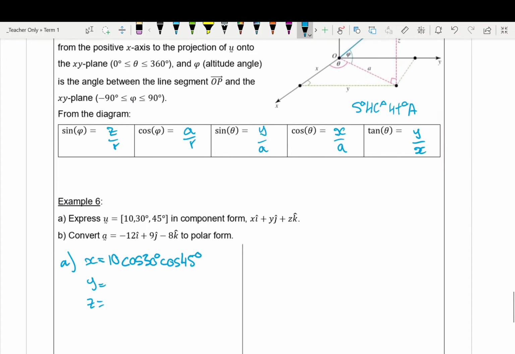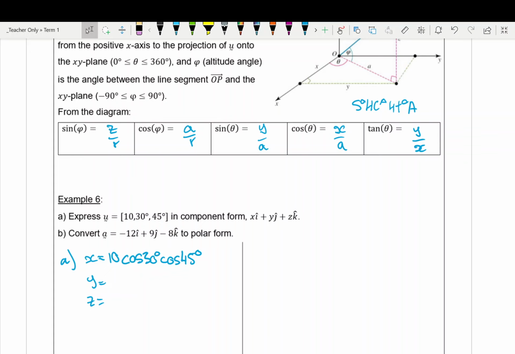If we look up here, x is equal to a cosine theta. But then from this equation here, we can see that a is equal to r cosine phi.